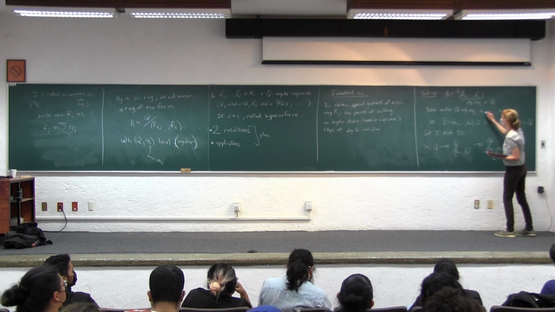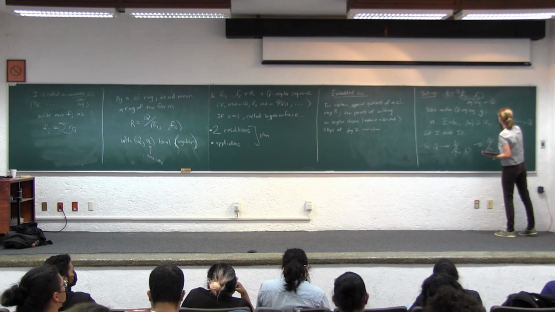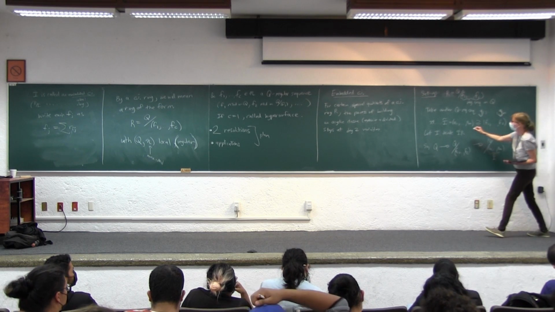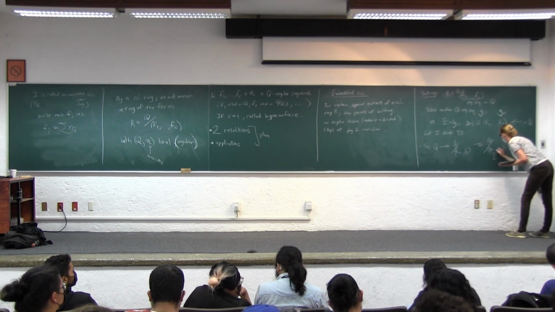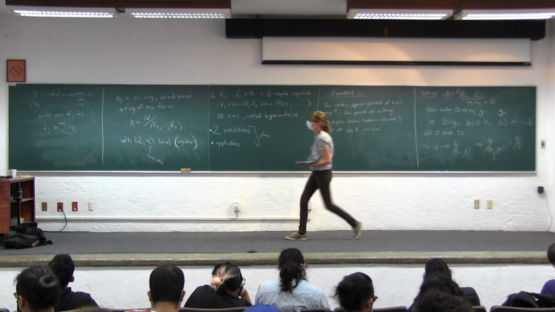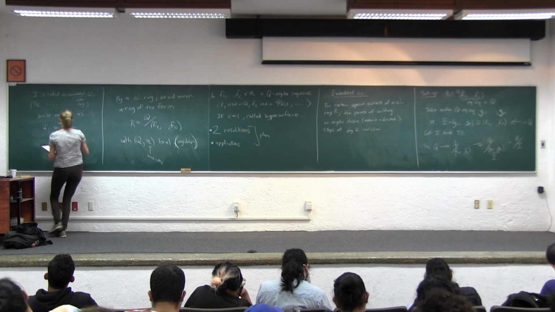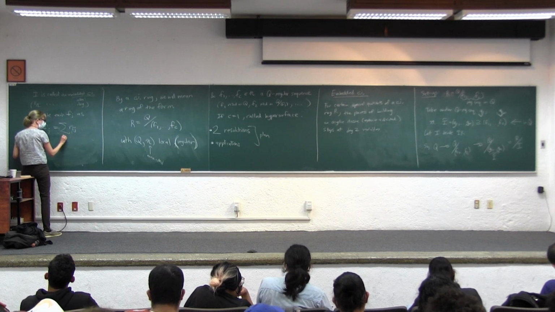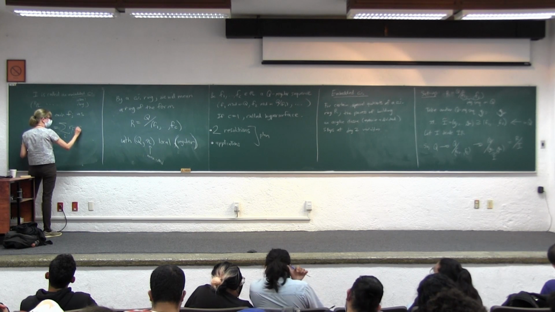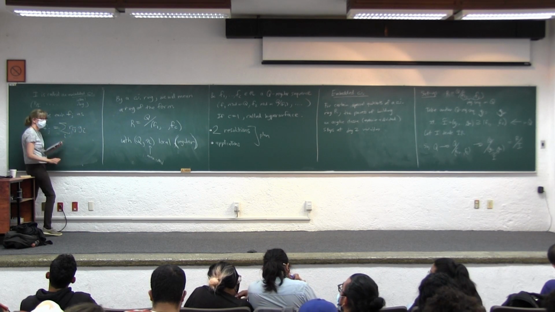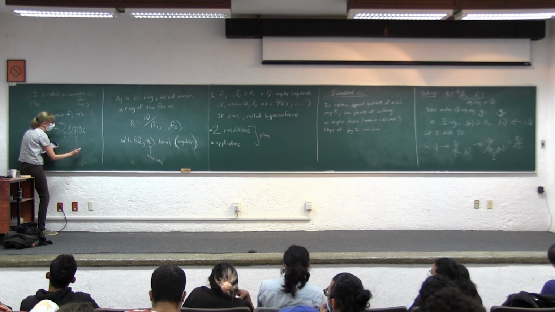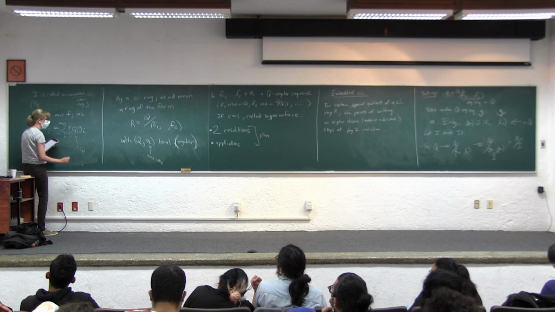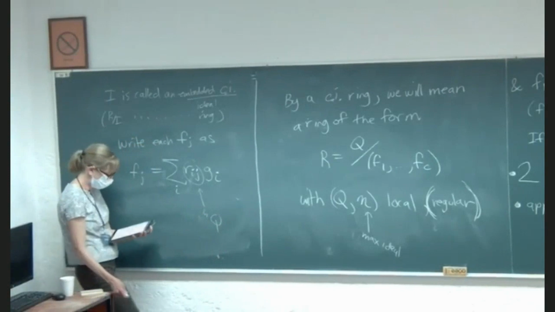Okay, so these are all G's. I'm so sorry. All the A's are G's. It's not that hard, it just goes like that. Okay. Sorry. Okay. So let's write Fj as a combination of the Gi's. And so these are some kind of coefficients in the ring Q. Okay.